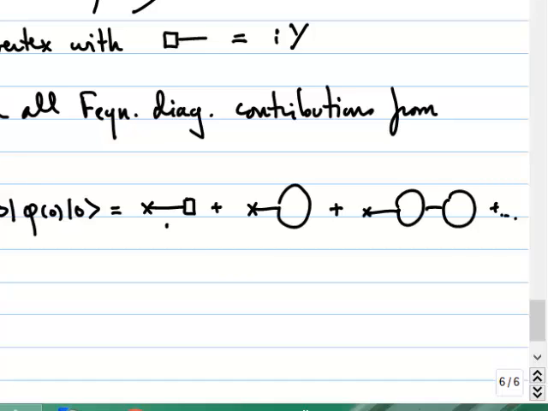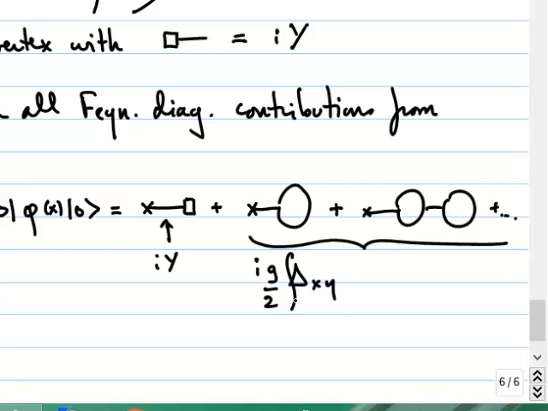And so this guy will contribute iy, and these guys, well, they'll contribute whatever they contribute. So they'll contribute, say, ig over 2 times, here, I guess I called this point x here, times delta xy, delta yy integrated dy, plus dot, dot, dot. Okay, plus terms that would be of order g cubed.